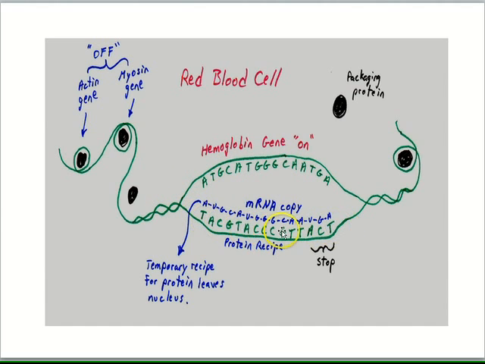So this sequence of letters of DNA specifies how to put together the amino acids to make the protein, the hemoglobin protein in this case. Notice a messenger RNA is being constructed. These letters are complementary to the DNA letters. And that messenger RNA will detach, go out into the cytoplasm, and then that temporary copy of the recipe will be used to make the protein.